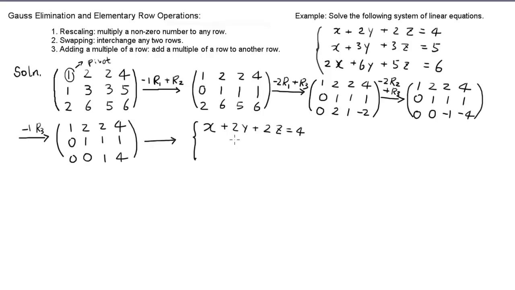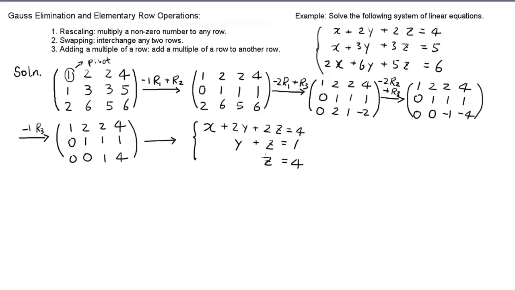And the second one becomes much simpler, y plus z is equal to 1. And then the last one is z is equal to 4.